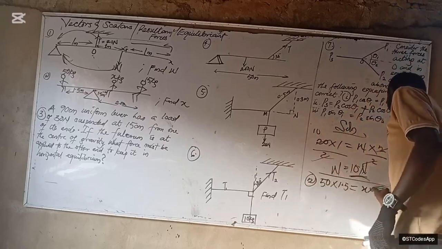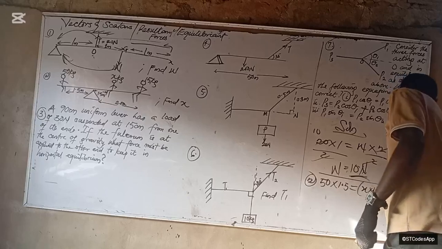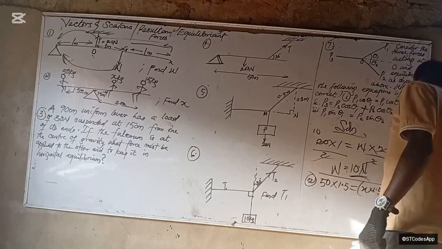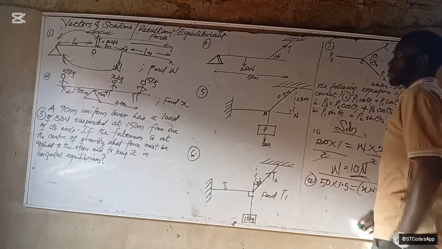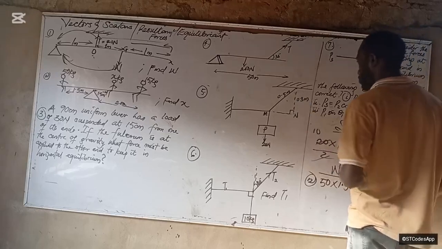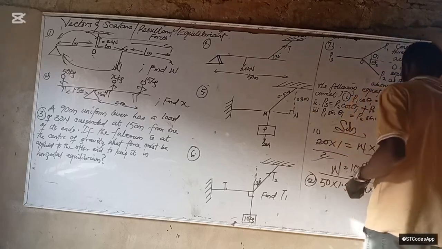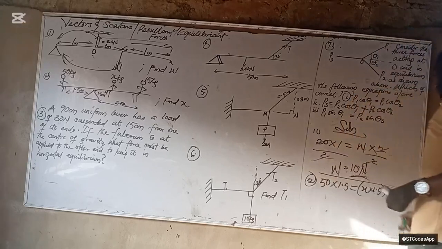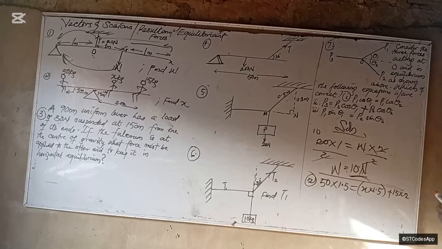X times 1.5 plus 15 times 2. So this becomes 1.5 times, 15 times 2. If we multiply it by 10, it doesn't change it, right?